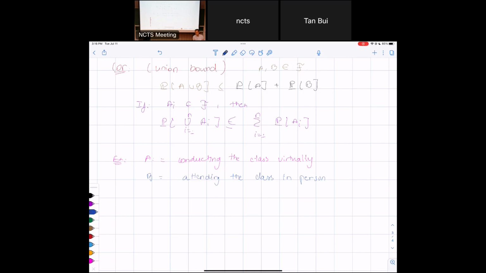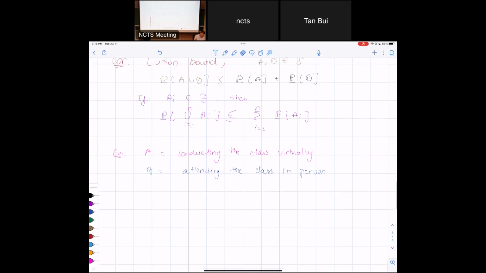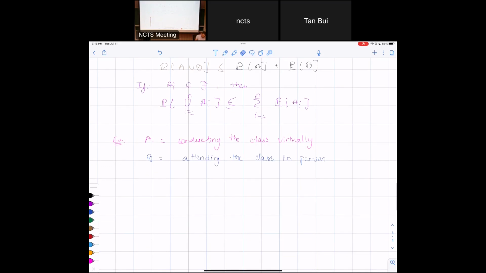Why? This is where theory and practice meet. Because we have only two modes, in person and virtually, they are complementary events. If I know A, I know A prime. So it is not necessary to define a separate event for that. So this is where A and A prime come in. It's unnecessary to put conducting there, okay?